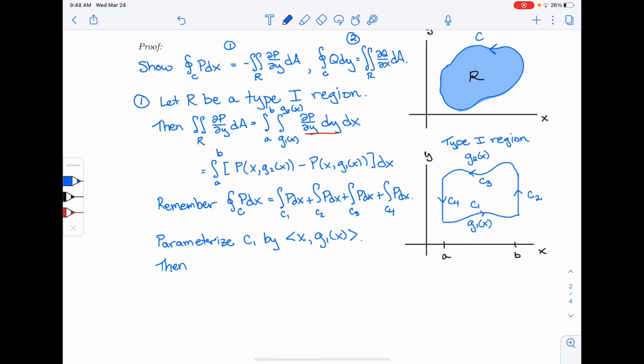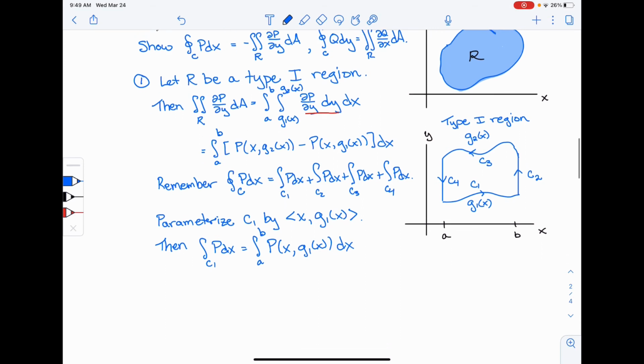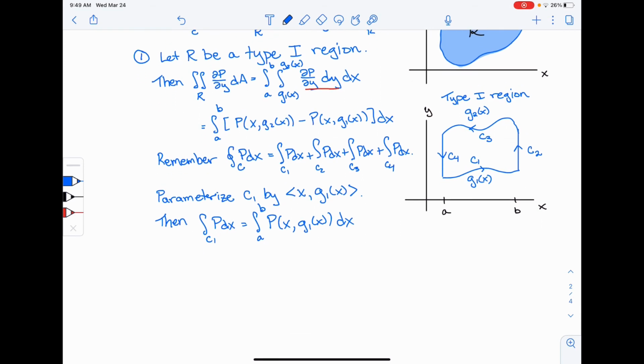We get that the integral over c1 of p dx is equal to, well, we're going to integrate from a to b. So we're going to integrate x from a to b, and then we would be integrating p of x, g1 of x, dx. Okay, so that is our parameterization of c1. That gives me that first part of the integral.